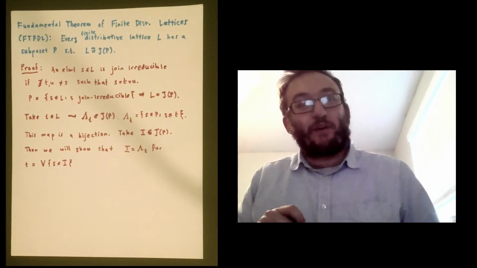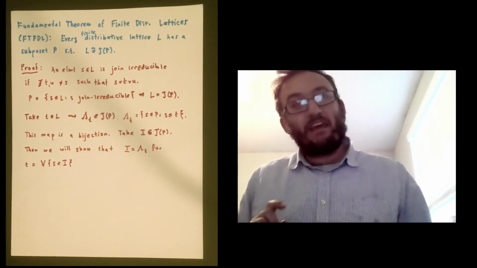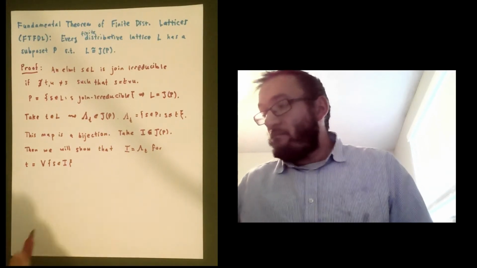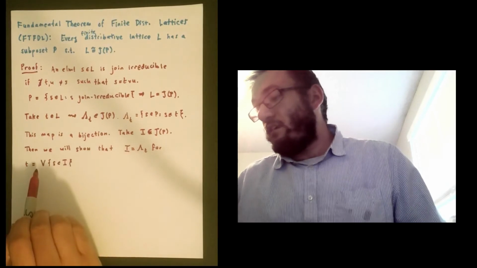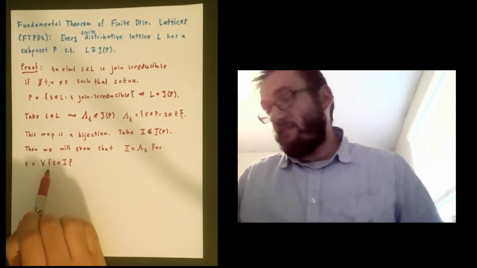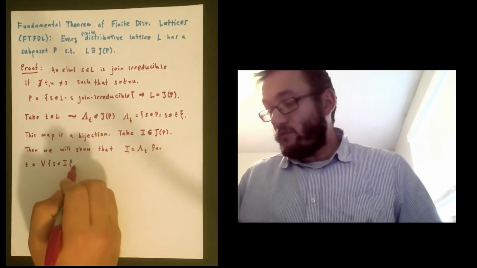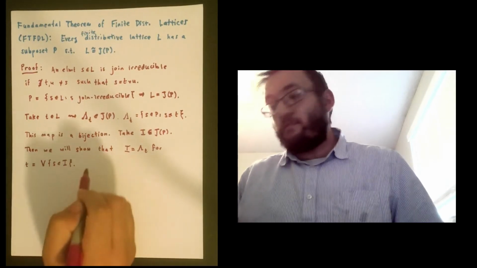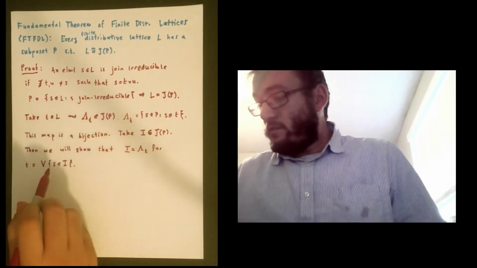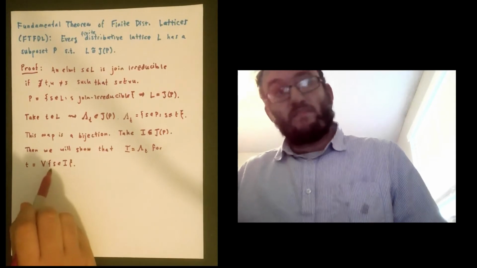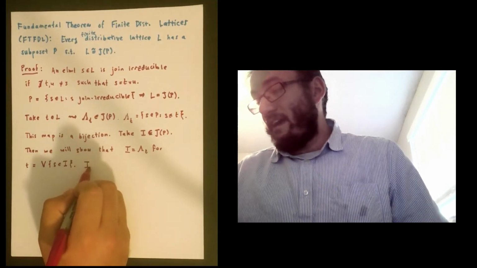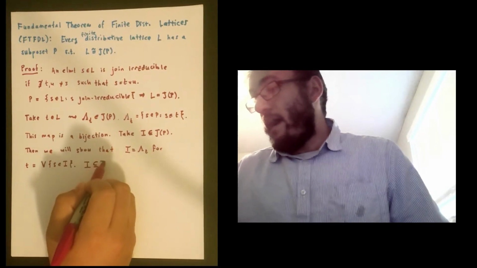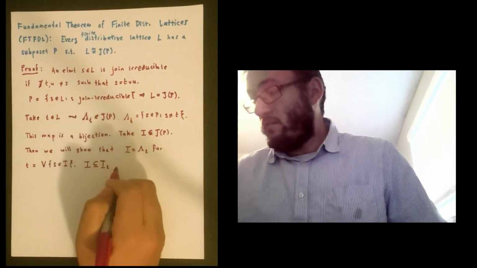Sorry, I had to relocate, but picking up where we left off. So we're going to show that I equals lambda T for T equal to the join of all of the elements in I. Okay? So clearly, well, if T is above all of the elements in I, then I is certainly contained in lambda T. That part is easy.